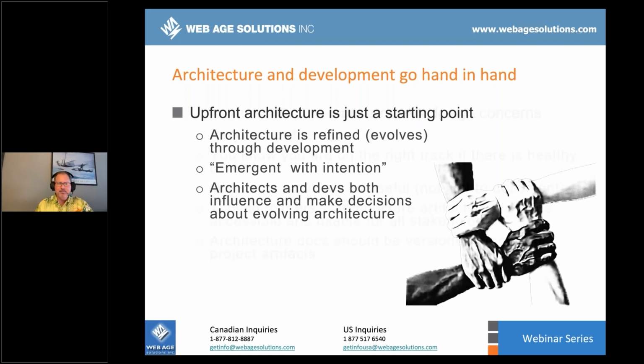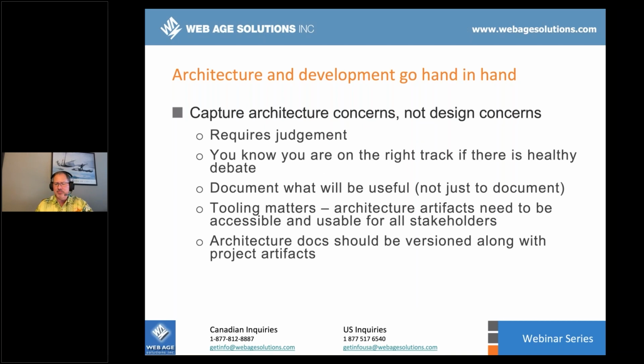And to do this, what we want to be able to do in our architecture is capture architectural concerns and not design concerns. And again, this requires judgment or balance, I guess. I don't think there are hard and fast rules that say this is how you capture what's an architectural concern and what's a design concern. Well, frankly, it depends on what you're doing. It depends on the people.